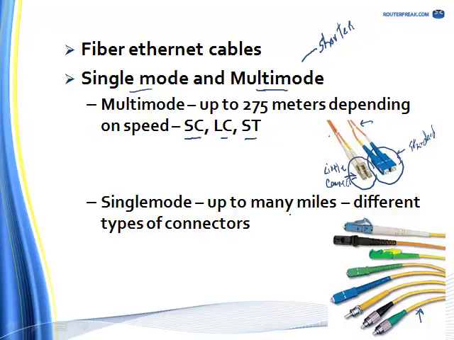You can put repeaters in the middle of it. All your big telco cable owned by AT&T and Verizon, that is in the ground and ran across the country, is all single mode cable. They'll bundle that up into a big giant cable, but when you open that up, it's a bunch of little single mode pieces of fiber optic cable.